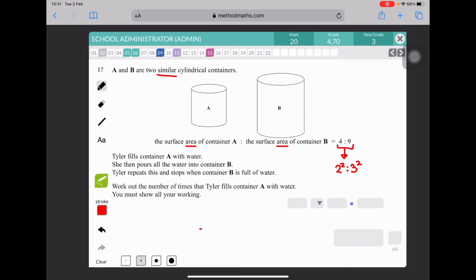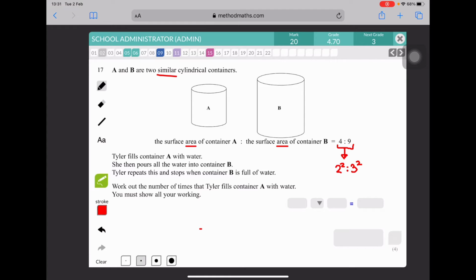So, as you guys know, the space within a 3D shape is the volume. And so here we're using the volume of container A to fill water into container B. So we're going to be seeing by what scale factor volume B is larger than volume A. Work out the number of times Tyler has to fill the container. Okay, cool.